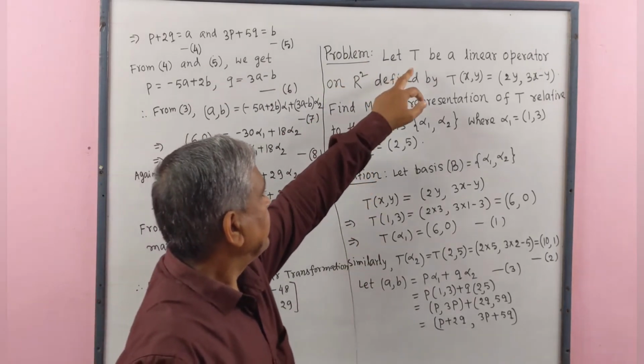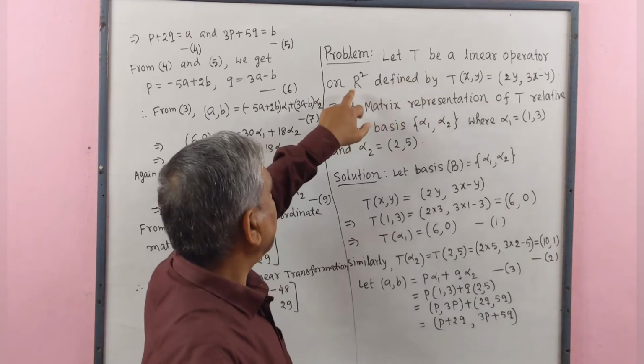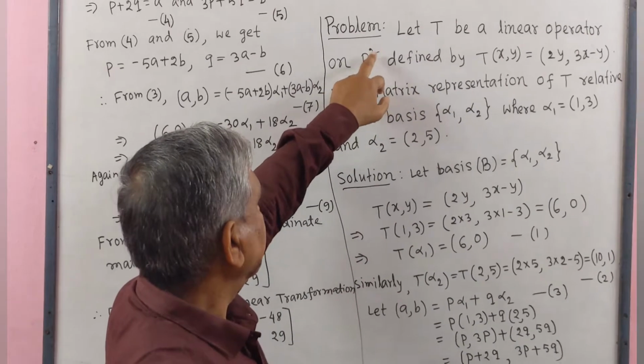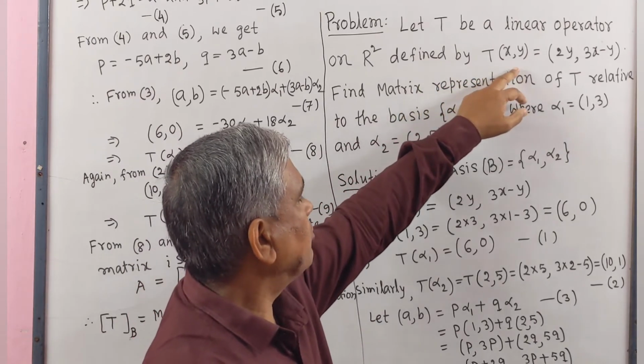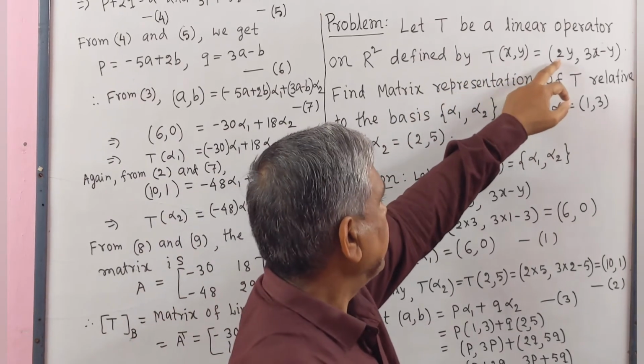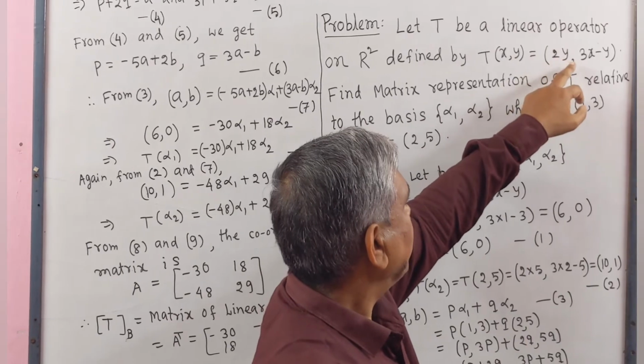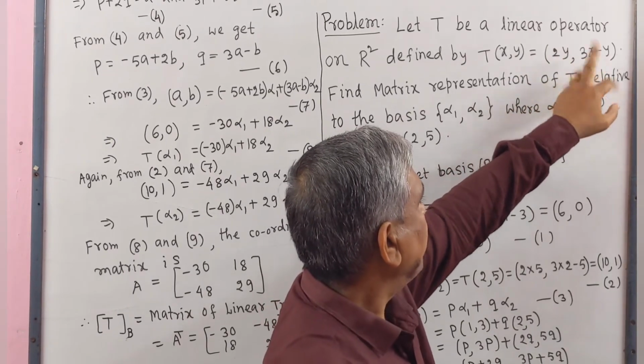Problem is, let T be a linear operator on R square defined by T(x, y) equal to (2y, 3x minus y).